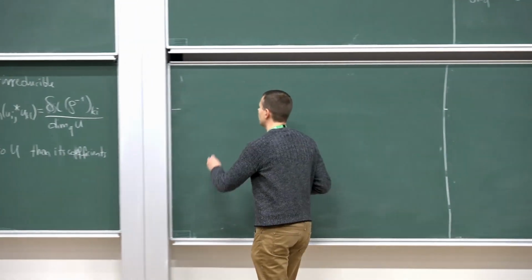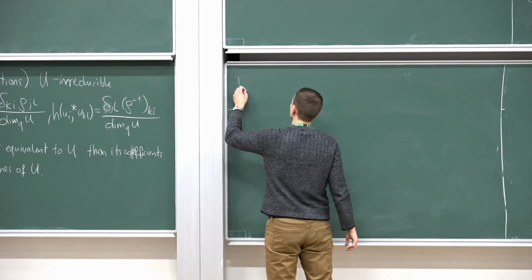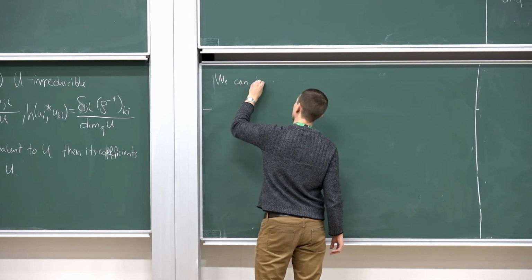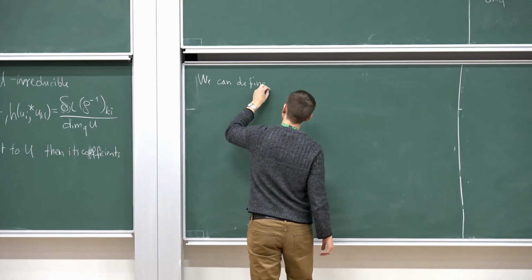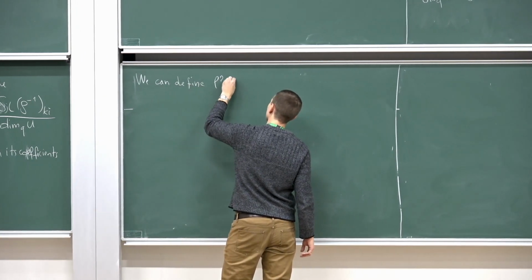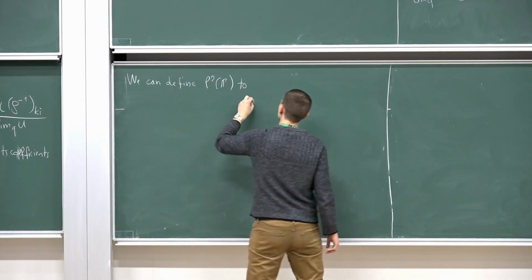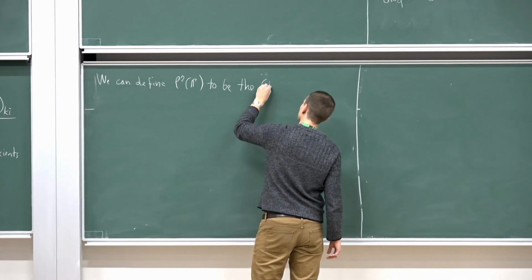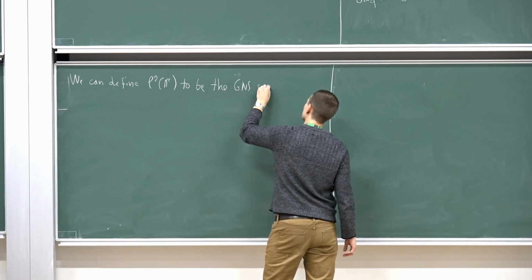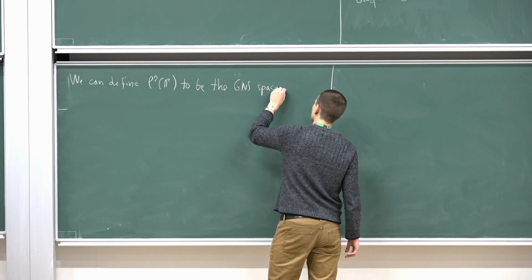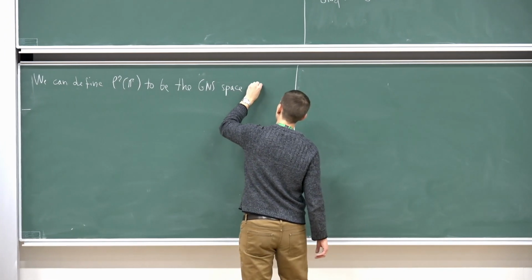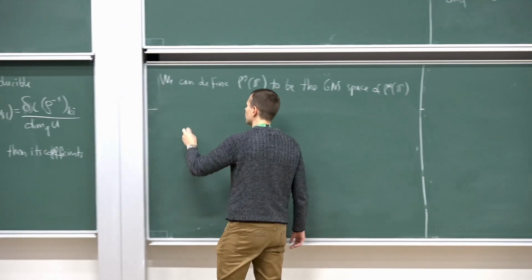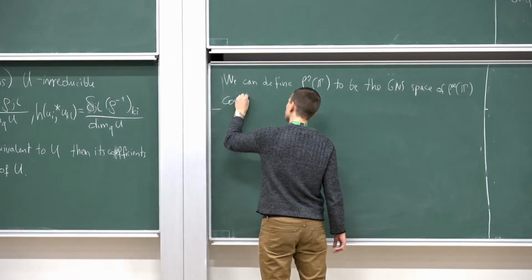Okay, so then we can define L2 of gamma to be the GNS space of L infinity of gamma constructed using the right Haar weight.